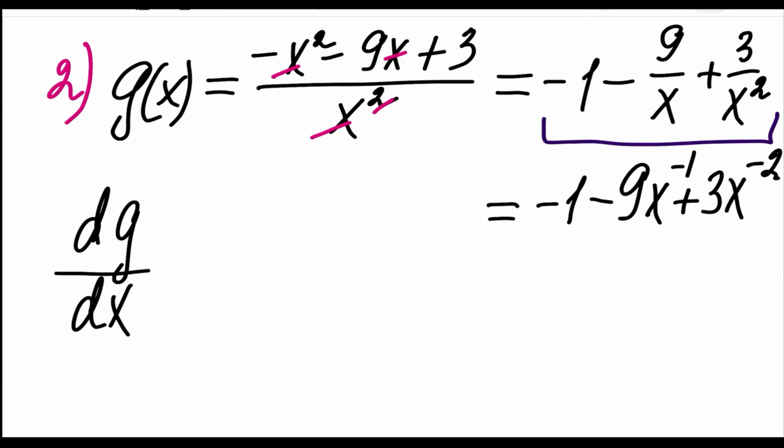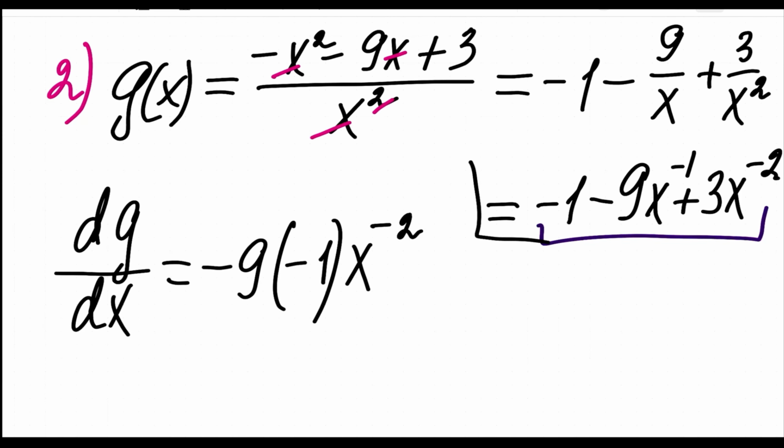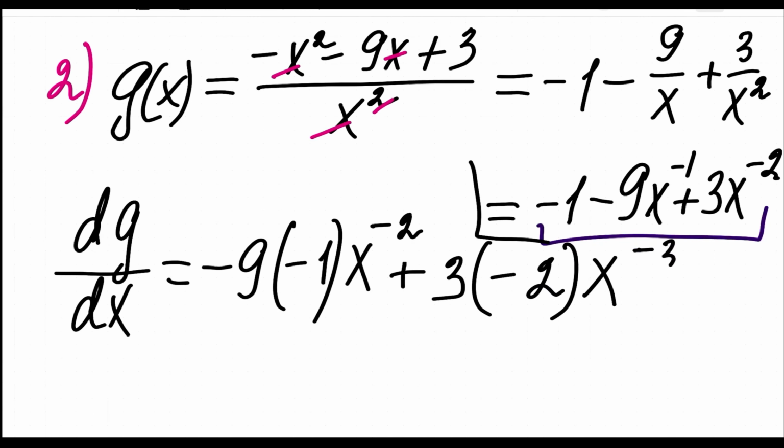So your derivative dg/dx, or just g prime, you could use another prime notation, equals. We're going to look at this expression, the last one. The derivative of negative 1 is just 0, goes away. Keep 9, bring negative 1 in front, and reduce your power by 1. Negative 2 plus 3, negative 2 comes out front, and your new power is negative 3, which is negative 2 minus 1.